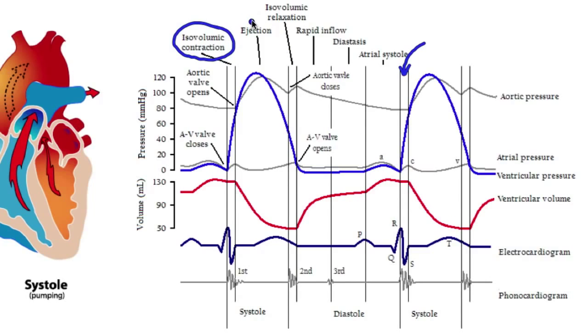You can see the term here. Ejection, that means that the blood is being ejected from the ventricles, and you can see there's a significant decrease in ventricular volume. Then we have this T wave, which represents the repolarization of the ventricles. And when the ventricles repolarize, that's also going to cause the ventricles to relax.